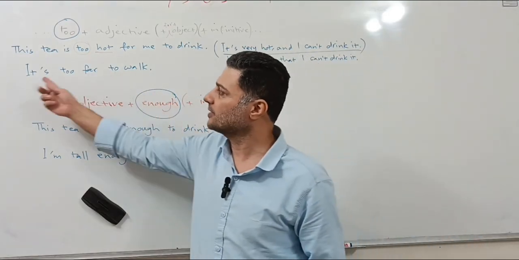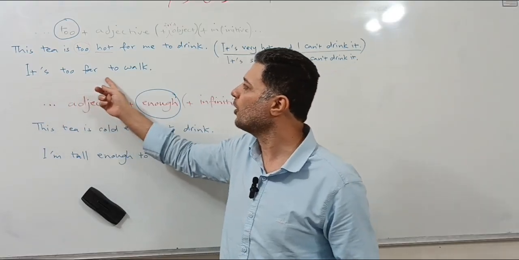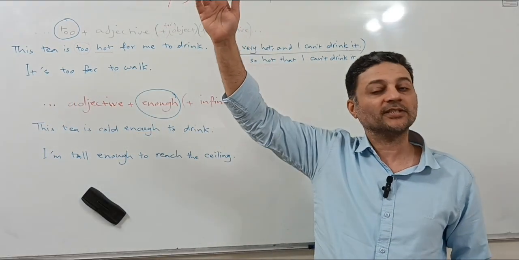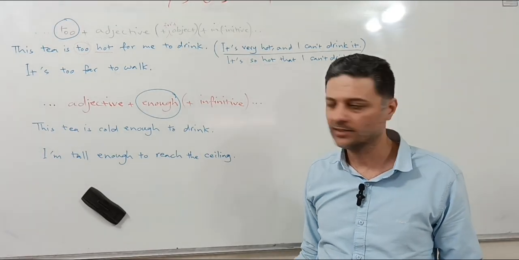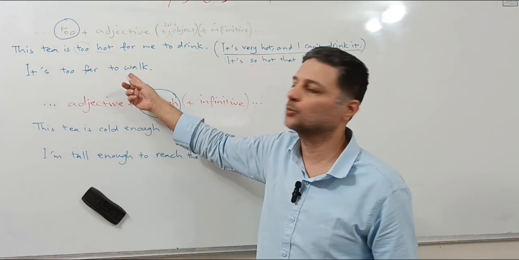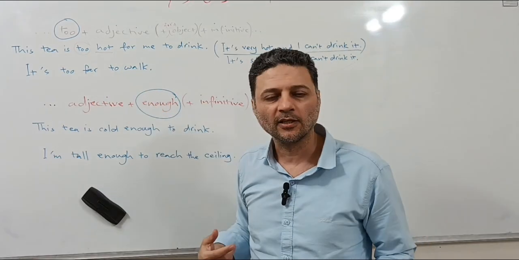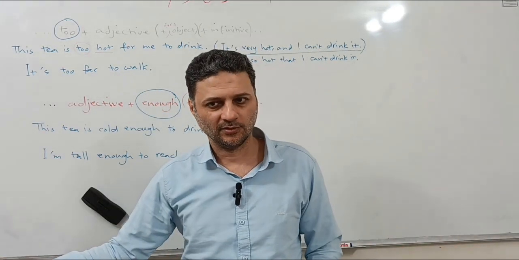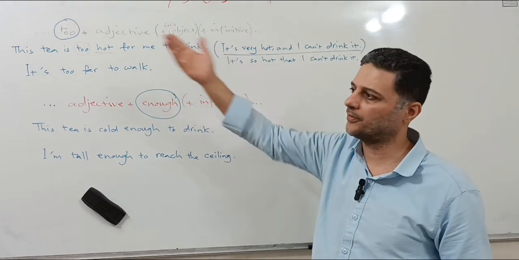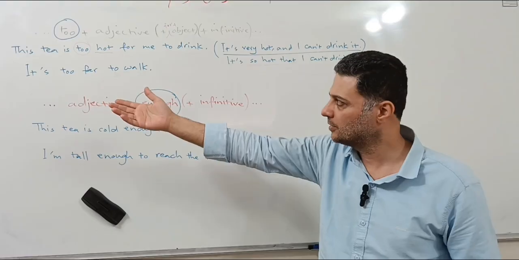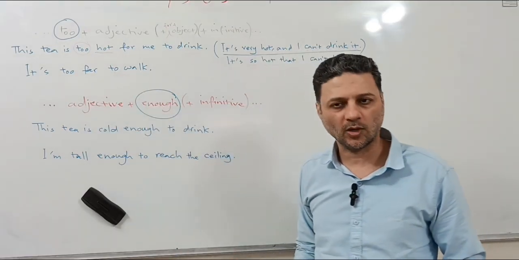Well, another example would be, it's too far. For example, you want to walk somewhere, but it's too far. So you can't walk there. So it's too far to walk, or it's too far for me, for her to walk. You can also continue the sentence, to walk there. It's too far for me to walk.